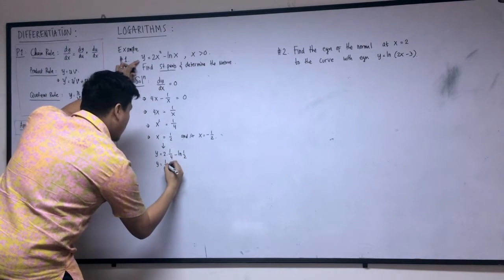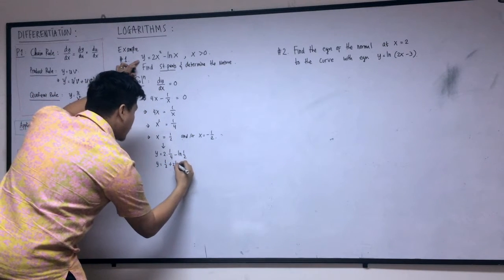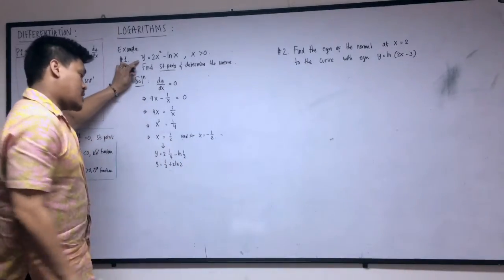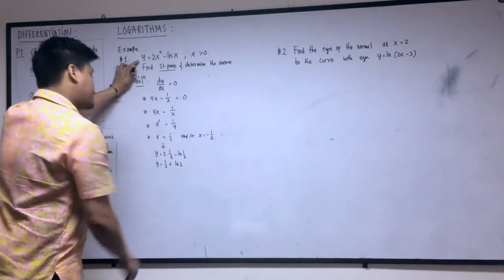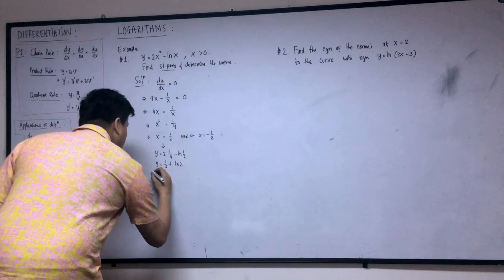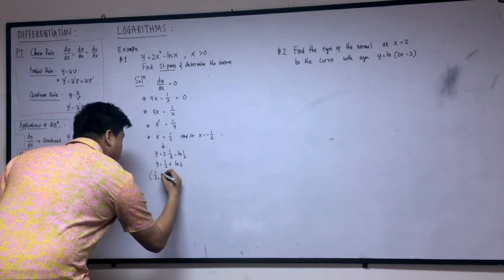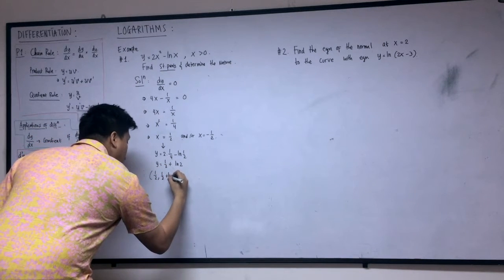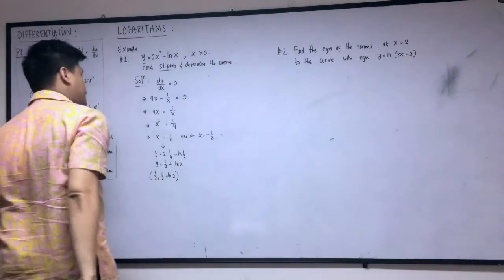y equals half plus 2 ln 2. Sorry, ln 2. So therefore, this is the first stationary point.